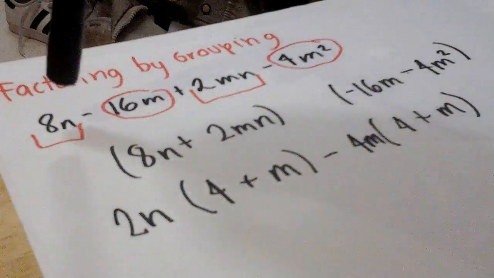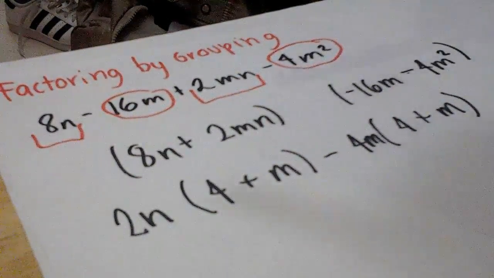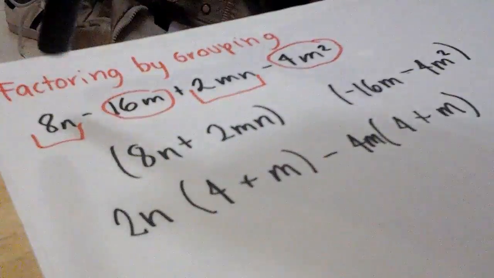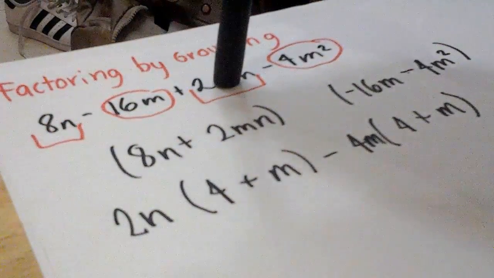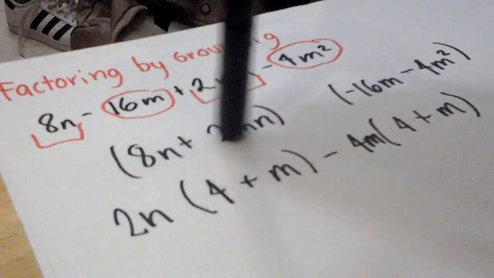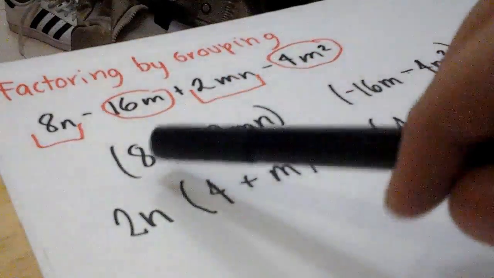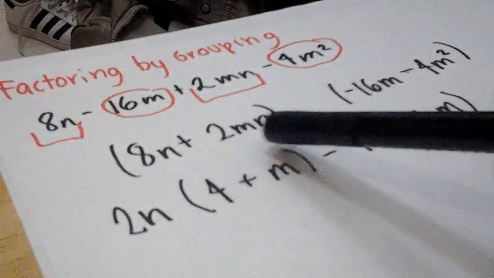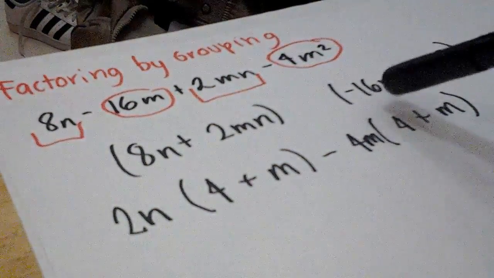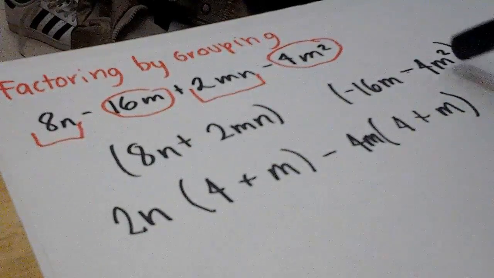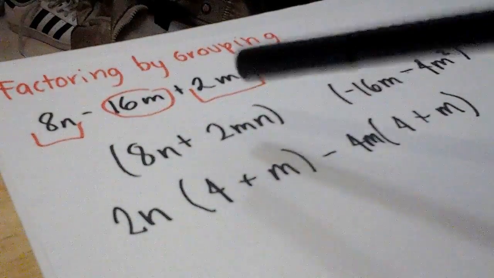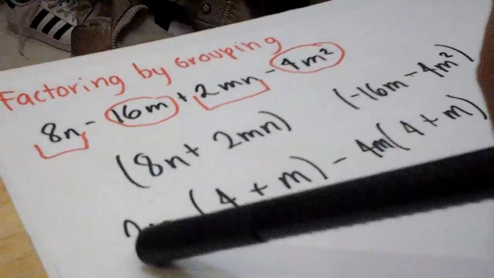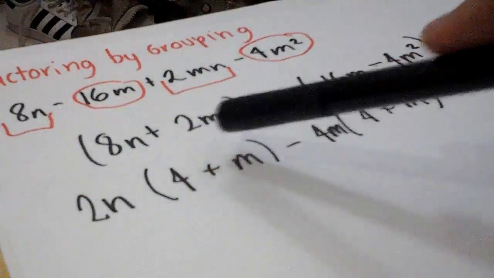In this problem, we can factor by grouping. You have to look for the terms that have the same common factors, and you have to write them like this. In this case they are 8n plus 2mn and negative 16m minus 4m squared, and then you get the common factors. Here it is 2n and you write the problem.